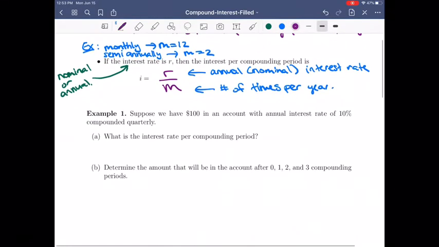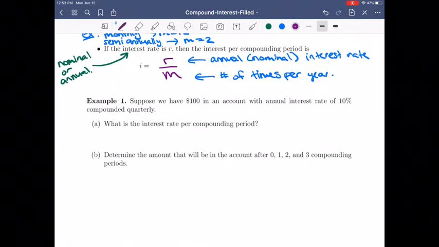So let's do an example. We're going to deposit $100 into an account, and the annual interest rate is 10%, but it's compounded quarterly. So our P is going to be 100. That's our principal. The annual interest rate is still the R, so 10% is 0.1. And compounded quarterly means that our M is going to be 4, so it's going to happen 4 times per year.